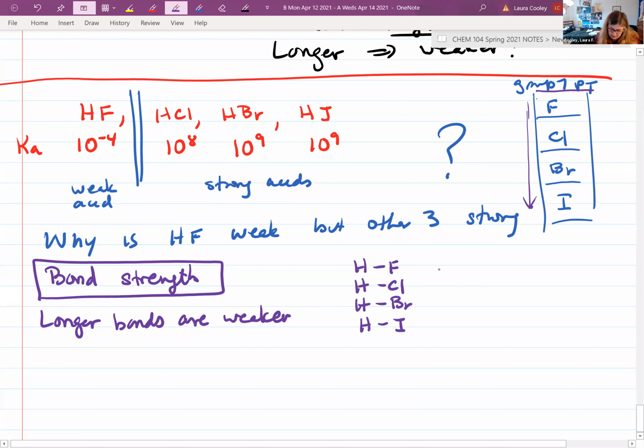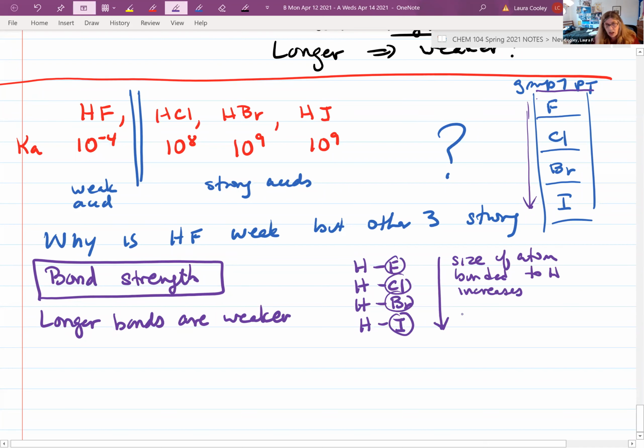What is happening as you go from fluorine to chlorine to bromine to iodine is that the size of the atom bonded to the hydrogen increases.